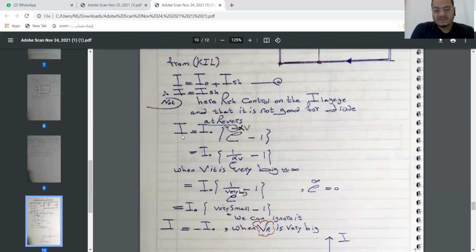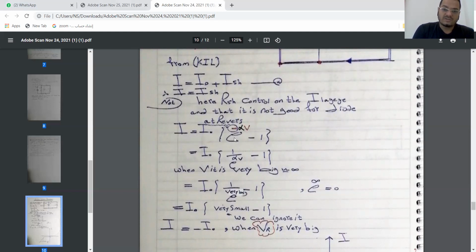At reverse bias, I equals I naught exponential alpha V minus 1. That's the normal formula, but here we put minus V instead of V because we are dealing with reverse bias: I equals I naught exponential minus alpha V minus 1.